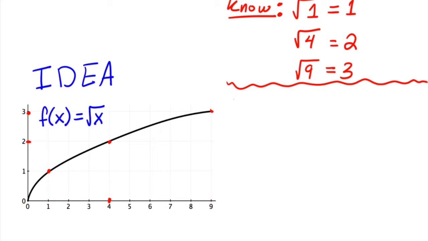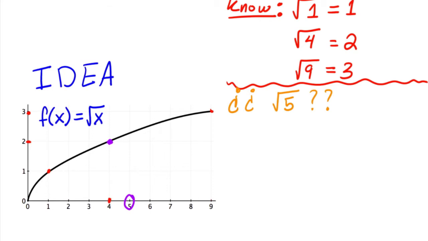But what if you want to know the square root of, let's say, 5? Well, to approximate this one, you would need a calculator. But take a look at this. Notice that x equals 5 is pretty close to 4.